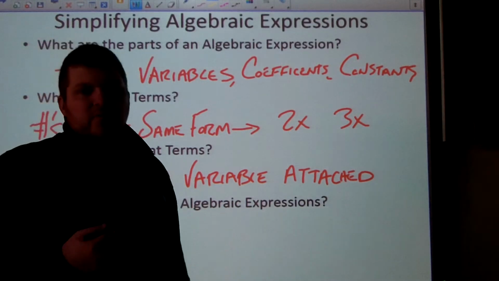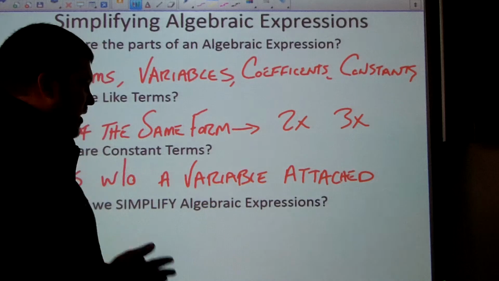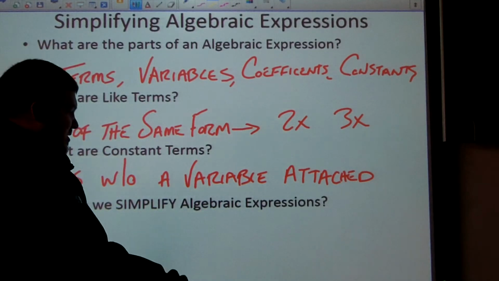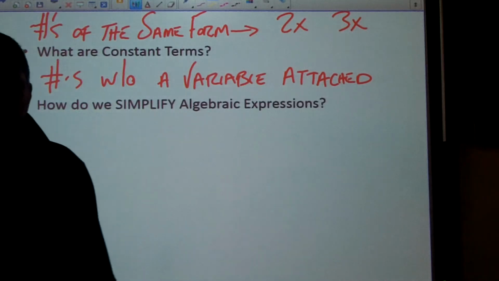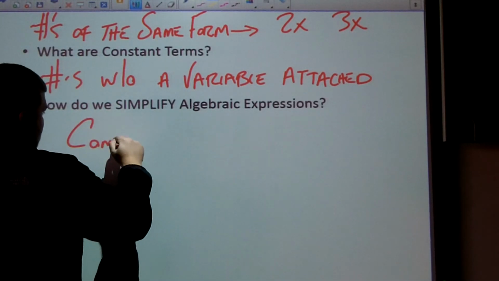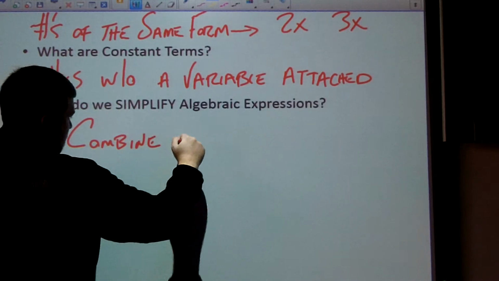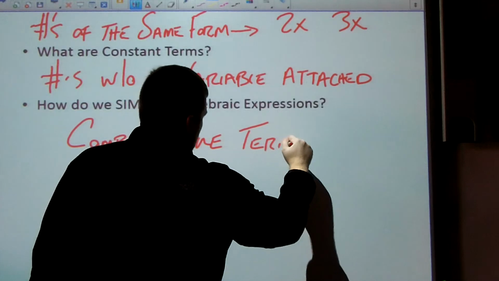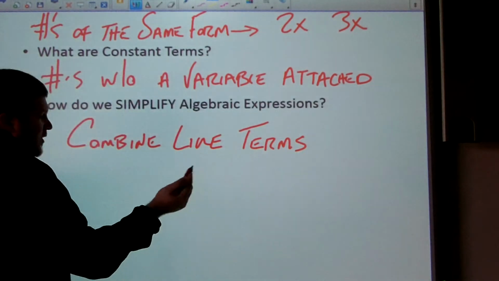Whereas constant, if you think about what that means, it stays the same. So constant just stays the same no matter what happens. Okay? And how do we simplify algebraic expressions? We talked about this on the previous slide, but it's just simply combine like terms. And don't forget to simplify.